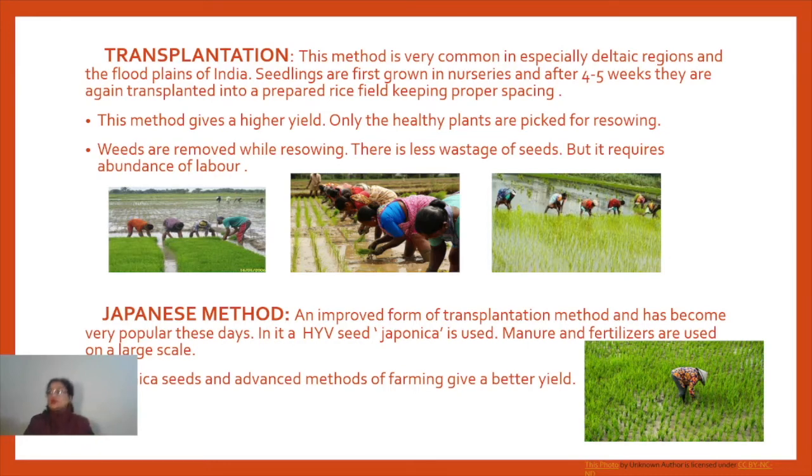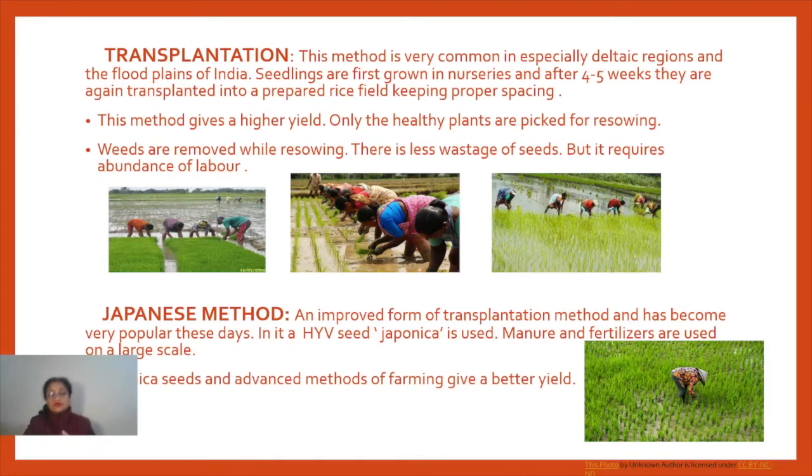But it requires a large number of labor, because many people are required for doing the transplantation. This is a method which needs more time also. But no doubt, if we see the ultimate result, you will find a much better yield. So this is a plus point of it.